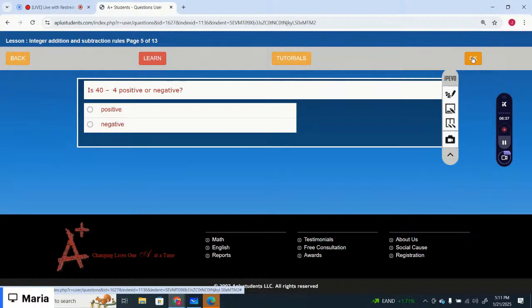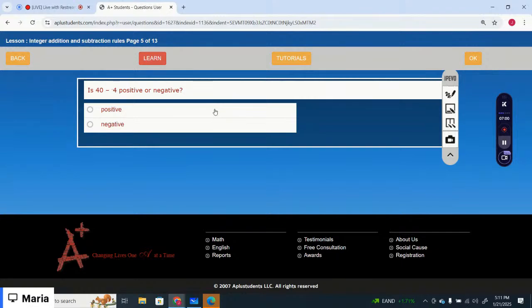Is 40 minus negative 4 positive or negative? Positive it is.